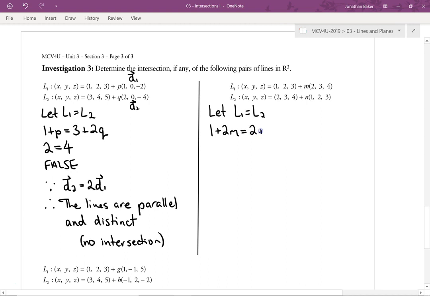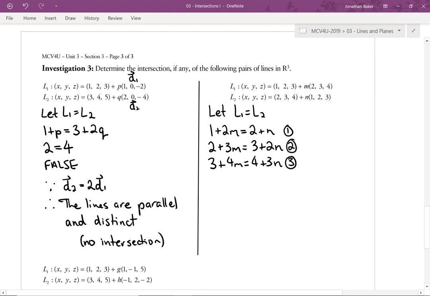And then for our y's, 2 plus 3m equals 3 plus 2n. And then we're going to get 3 plus 4m is equal to 4 plus 3n. Okay, let's call these 1, 2, and 3.